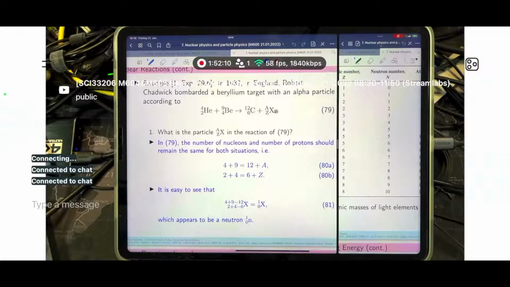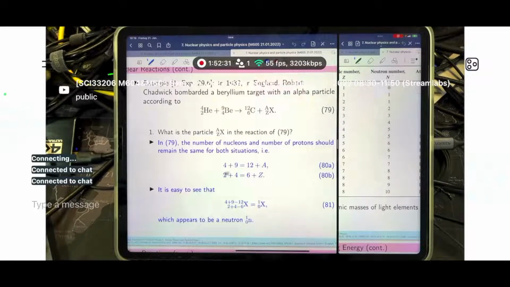The next one is the number of protons, the atomic number, the number that identifies which element it is. On the left hand side, the input side, we have 2 plus 4, and on the right hand side we have 6 plus Z. We solve these two equations with two variables.